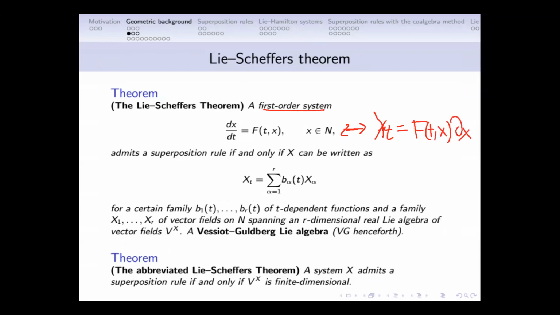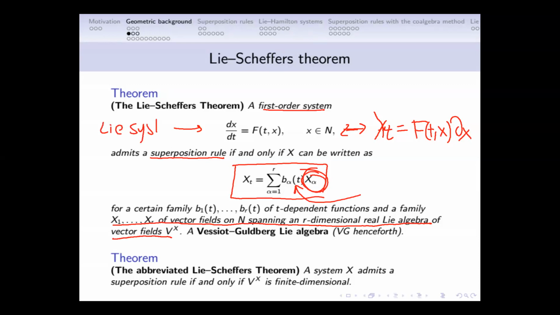So we say that a system is a Lie system and admits a superposition rule if and only if this x_t can be written as a linear combination of certain vector fields that are time independent, and the time dependency can be put in the coefficients. Okay, so if these vector fields close a finite dimensional Lie algebra, we will say that the system is a Lie system. Or likewise, that it admits a superposition rule.